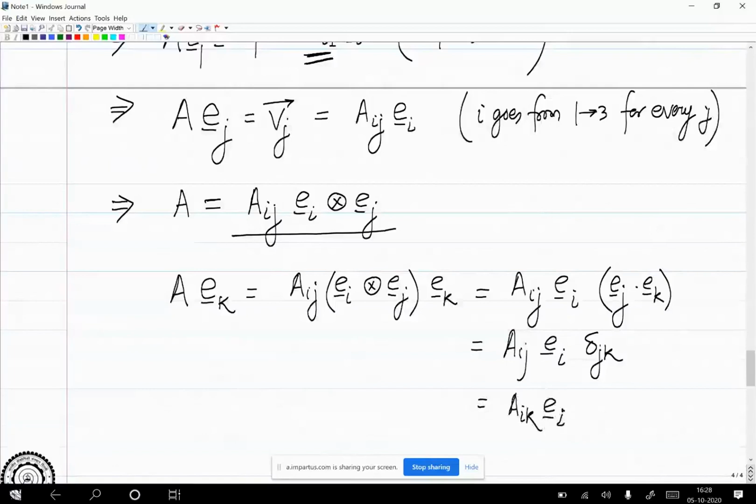Correct? And what is this finally? Can you see what this is equal to? Look at the definition of Vj here. Vj is Aij Ei. So what is Aik Ei? Vk. And this is what we wanted to prove, isn't it?